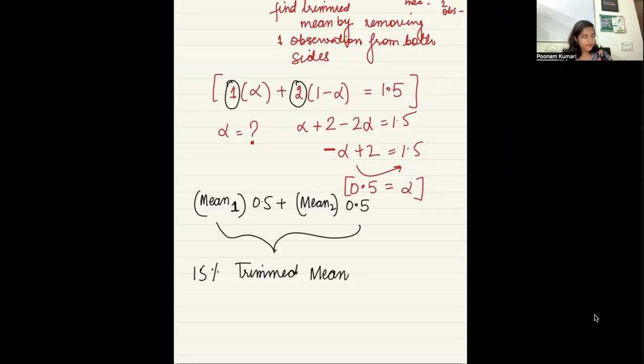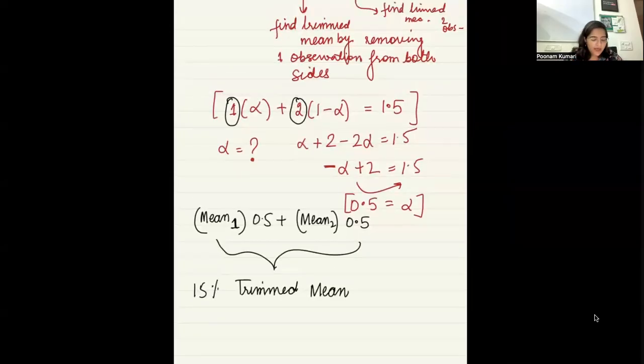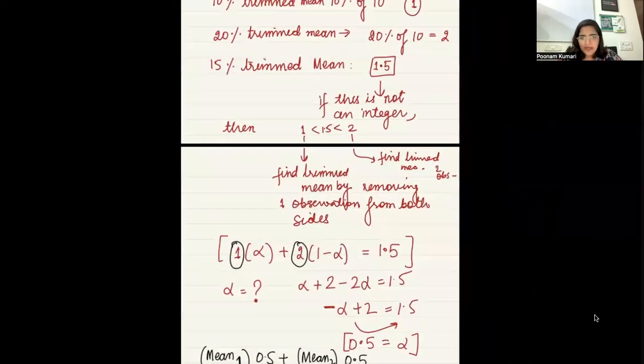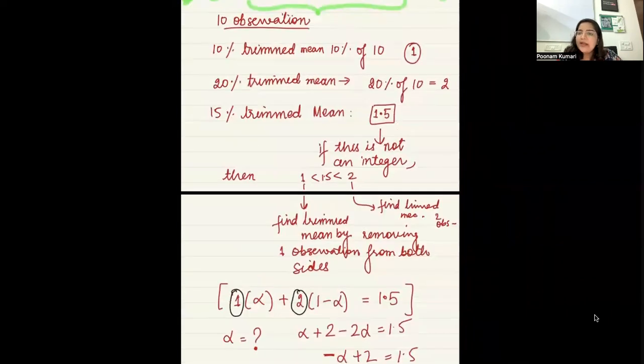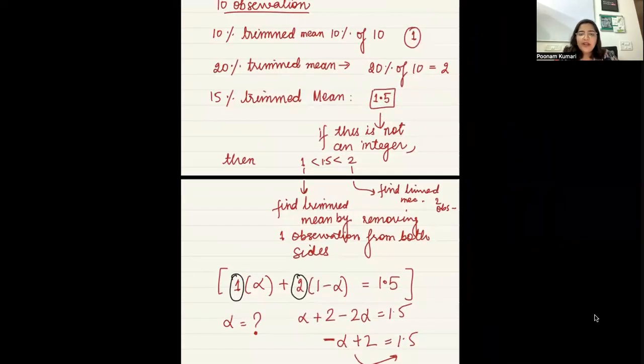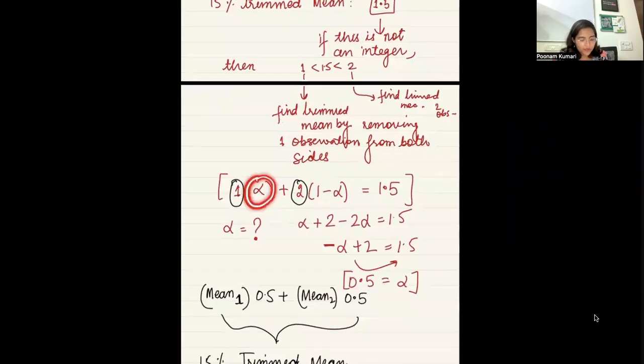Is that okay? Yes, ma'am. Okay, we will do one example to do all of this properly. But again, reiterating this point, whenever you do some sort of trimming and this number is not an integer, you have to find an appropriate alpha value which will bring 1 and 2 to 1.5. Here I'm just using 1 and 2 because they were the example. It could be anything.